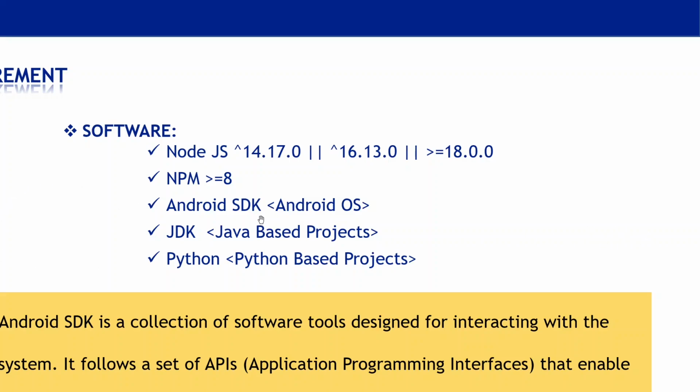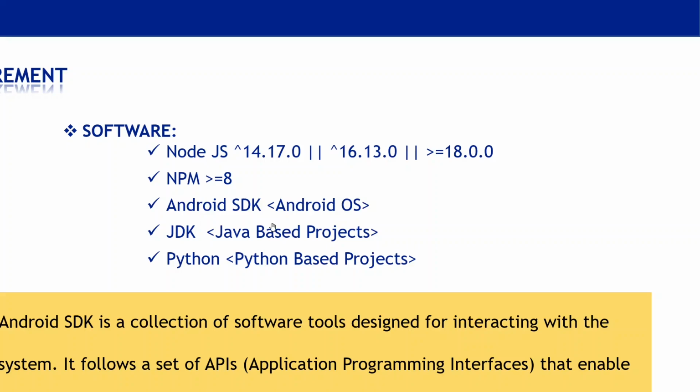And the next thing is, since we are working on Android automation readiness, we have to have the Android SDKs configured and corresponding emulators configured, so that you don't need to depend on any cloud solutions or any physical device connected to your system.